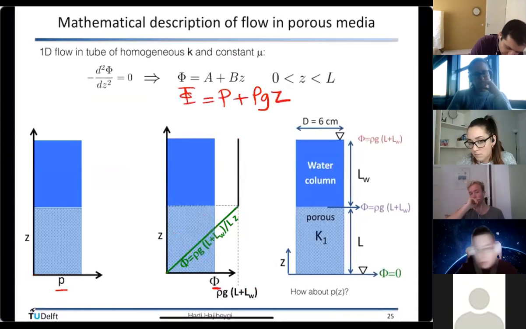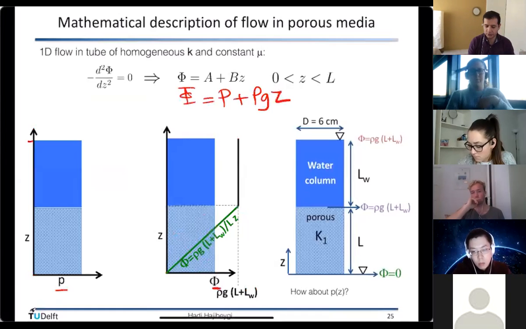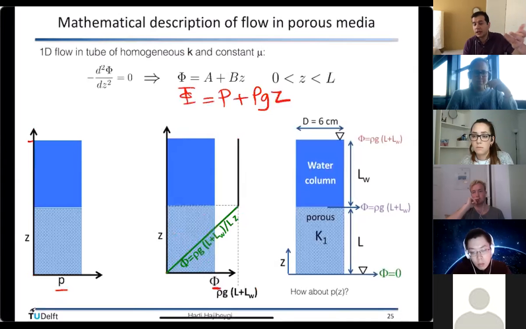What's the pressure at the top? It was atmospheric pressure that we assume, absolutely. We assume it's 0 for now because we deleted atmospheric pressure from both the top part and the bottom part. We know that 10 to the power 5 is just subtracted from the entire system.